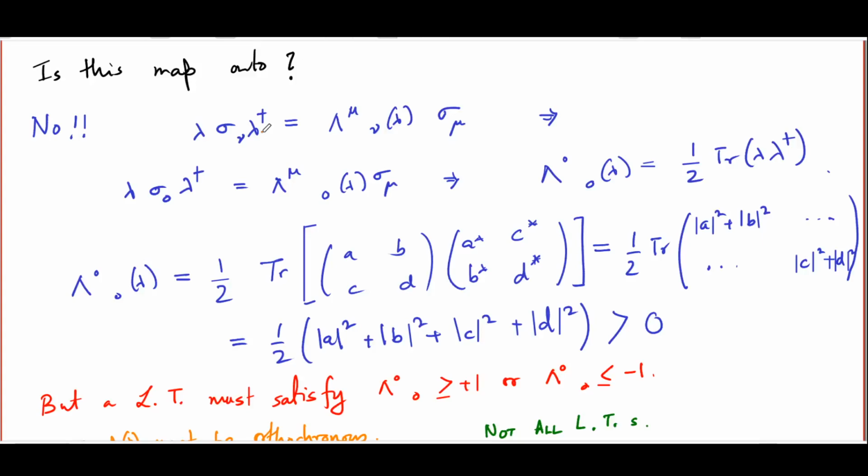Let's now return to the previous question. Is this map, the map which takes an SL2C matrix into a Lorentz transformation, onto? In other words, can I get every Lorentz transformation as a result of such a map?